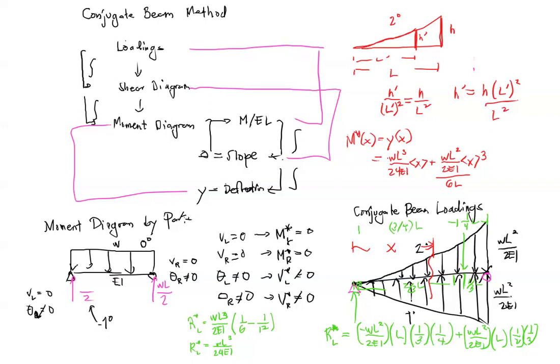So, ayan, makukuha na natin yung at any distance x. So, for example, yung nga yung x. Alam ko ngayon na meron akong WL squared over 2EI times X squared over L squared.